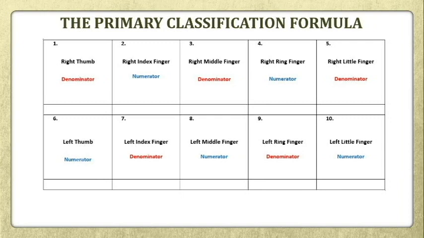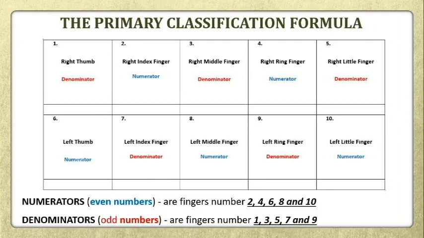Since we have an odd and even scheme in the numerator and the denominator, your numerator, or the digit or value located above your classification line, are the even numbers.